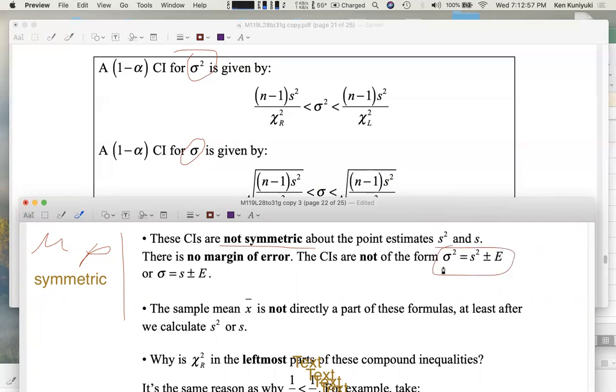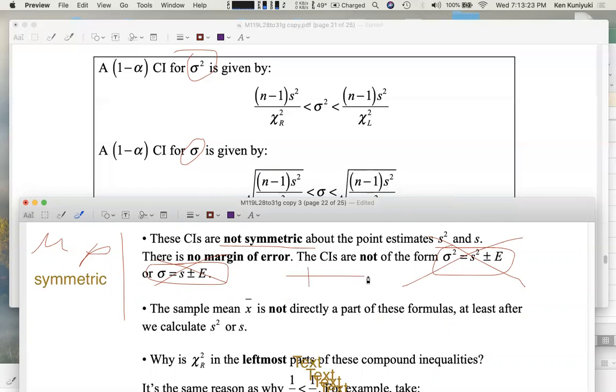You might think, oh, can I write a confidence interval for sigma squared as s squared, give or take a margin of error? Or something like that for standard dev? No. We do not have symmetry. So you are not going to express confidence intervals for sigma squared or sigma in that kind of a form. In fact, there is no margin of error when you're talking about a confidence interval for sigma or sigma squared.